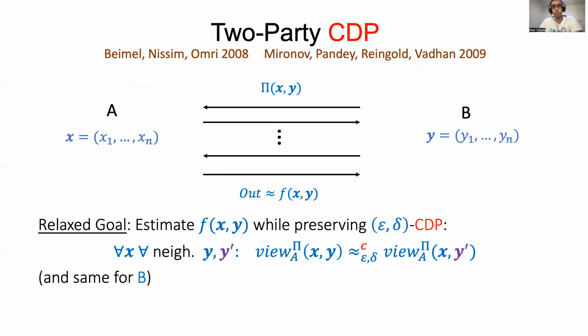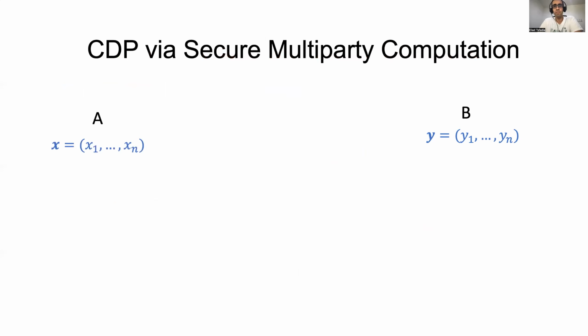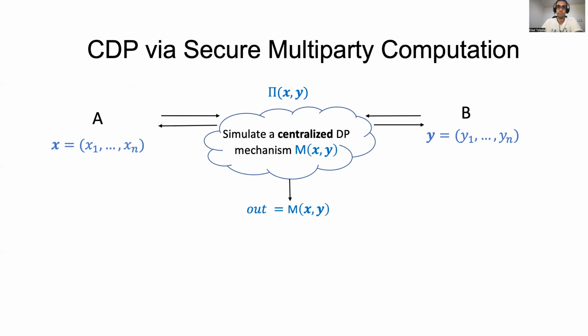So in two-party CDP, our relaxed goal now is to estimate f(x,y) while only preserving (epsilon, delta) CDP, computational differential privacy, meaning that the views on neighboring executions should only be computationally indistinguishable. It turns out that with the CDP relaxation, we can close the gap between the distributed and the centralized models under cryptographic assumptions.